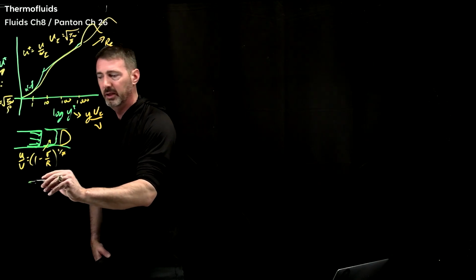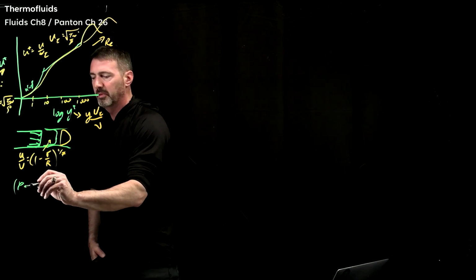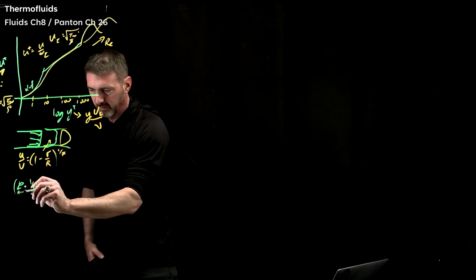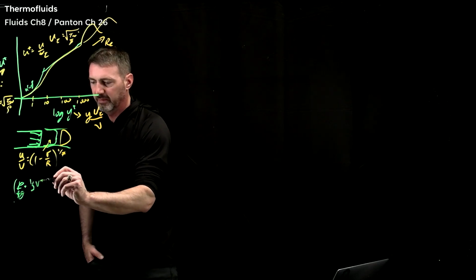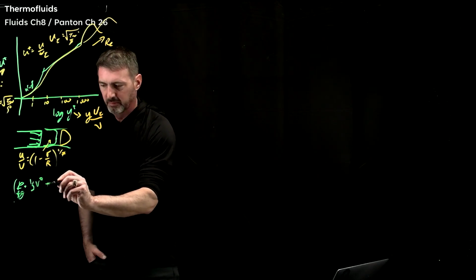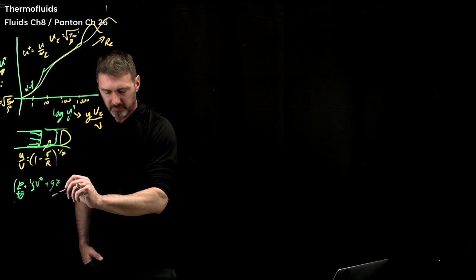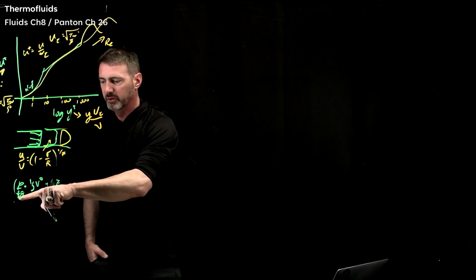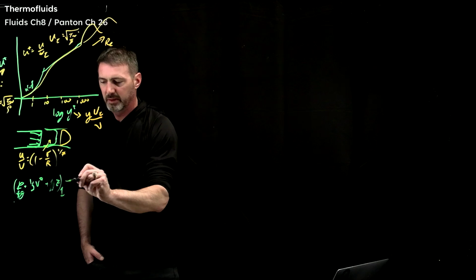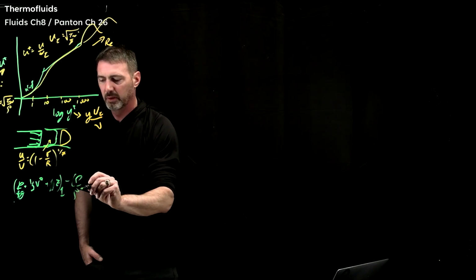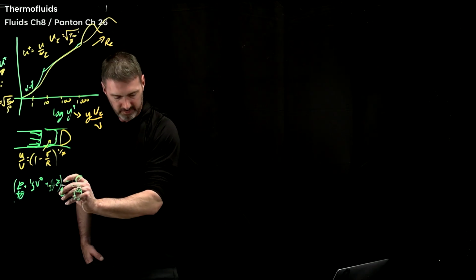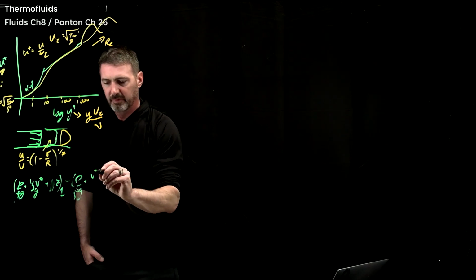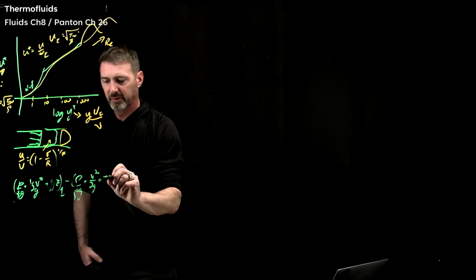Because basically, you can come back now and say the pressure plus 1/2... Actually, I'll do this as divided by rho g, so this is p over rho g plus 1/2 v squared over g plus z. Or actually, v squared over 2g plus z. So I've got rho g in the bottom at state 1 minus pressure over rho g at state 2, plus v squared over 2g plus z.